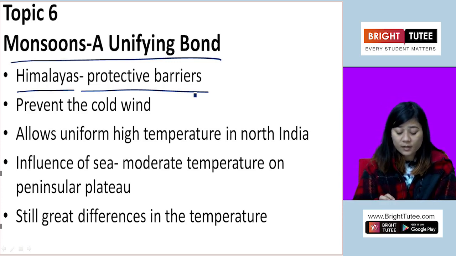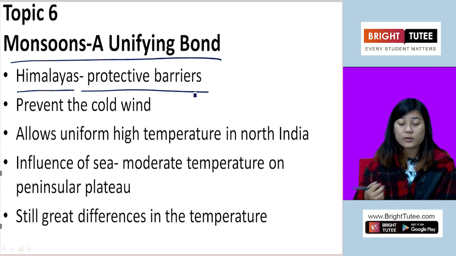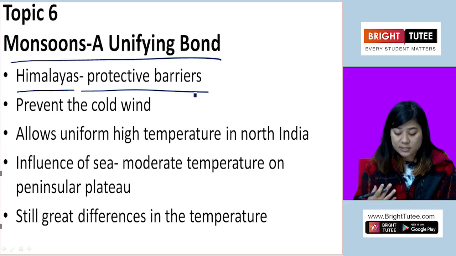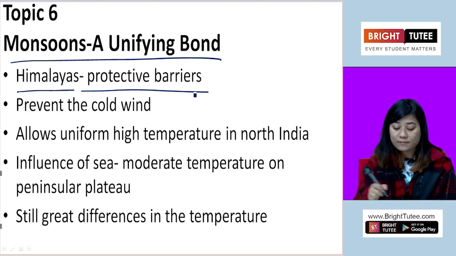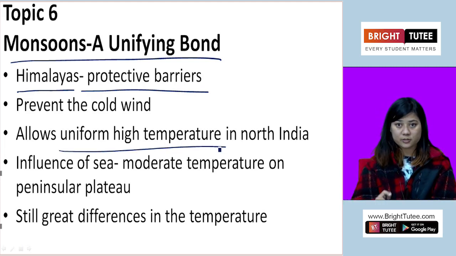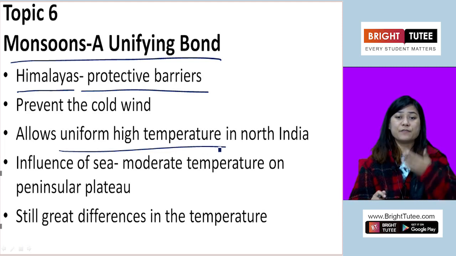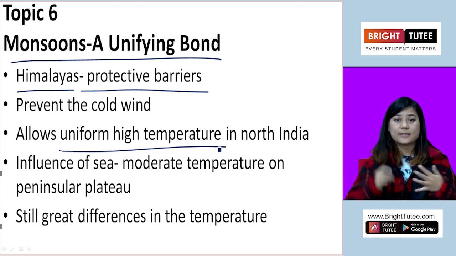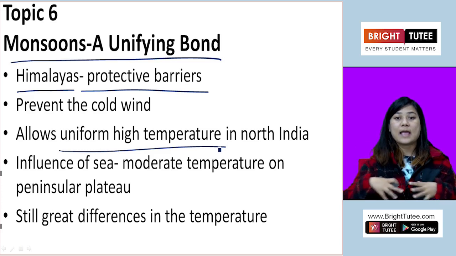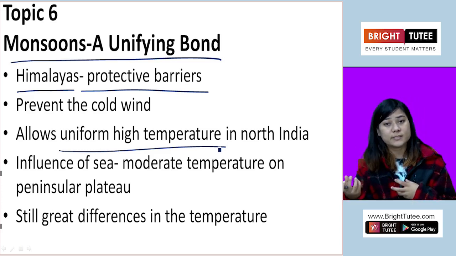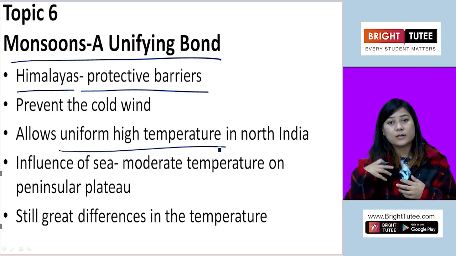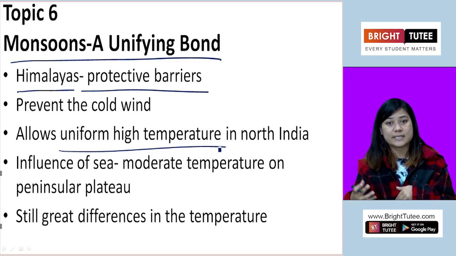The Himalayas also, by preventing the cold wind, lead the northern plains, the northern India, to have uniform high temperature. Meaning that if the Himalayas were not there, then the cold winds would come and the northern part of India would have very low temperature.